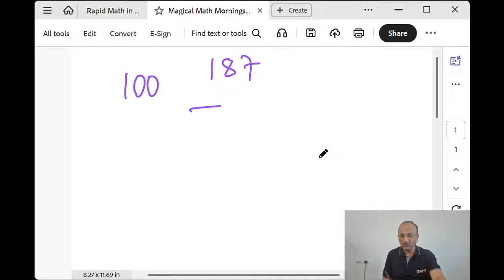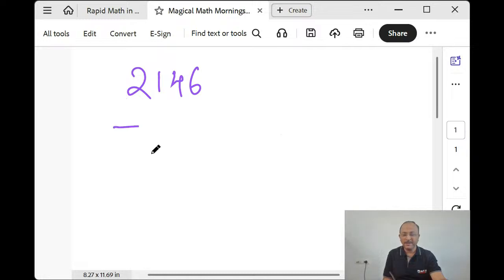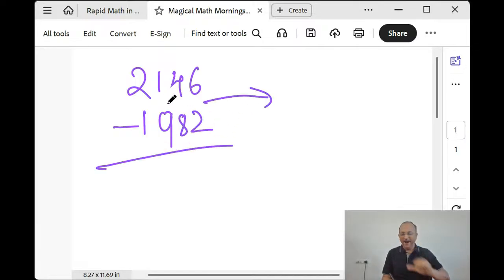Any number more than 1000, about 2000 also, we can do the same thing. Suppose we take 2146 minus 1982. Which one should I consider as the base? The middle one.